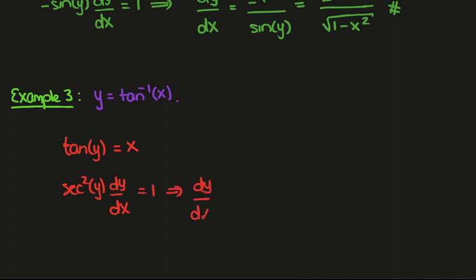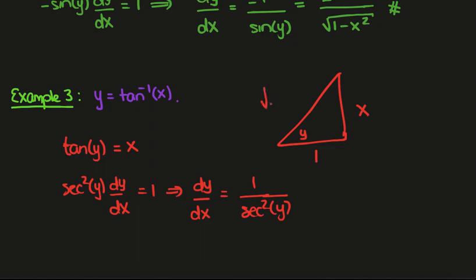So dy on dx is 1 over sec squared y. Again, draw a triangle. We know that tan is opposite over adjacent, so opposite over adjacent, and this will be the square root of 1 plus x squared by Pythagoras.